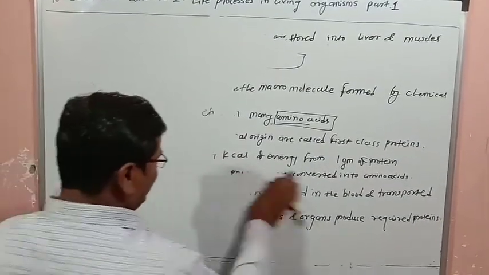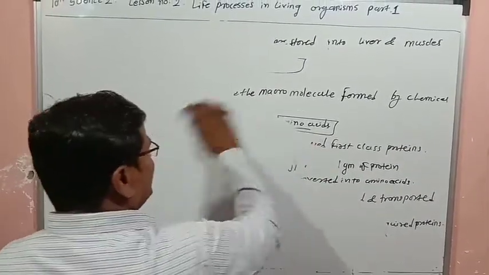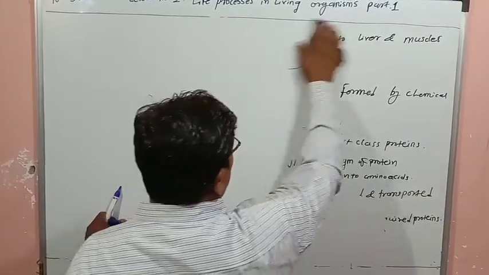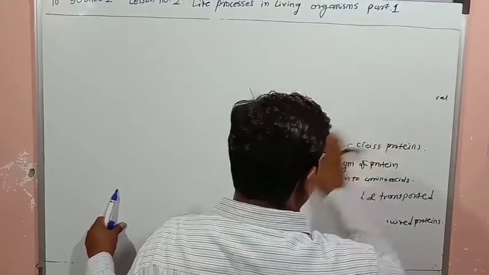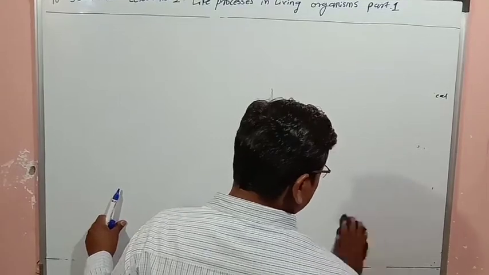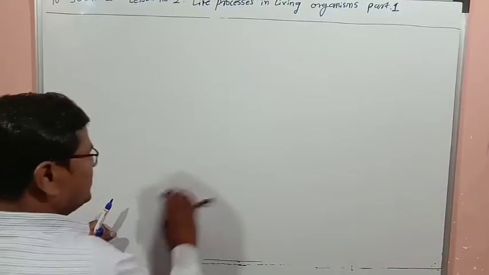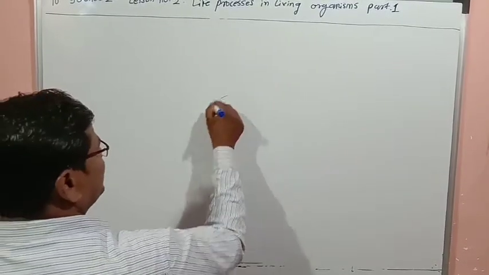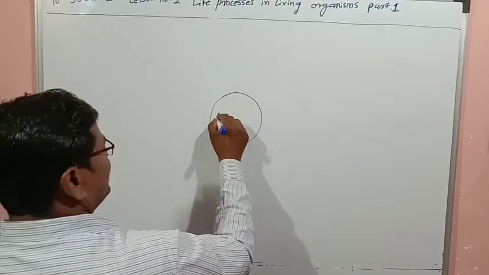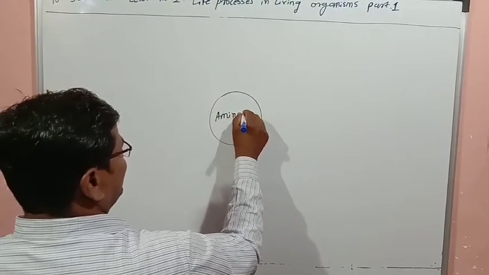The next point is the different cells and the proteins present in that particular cell or body part. Firstly, at the center there will be amino acids.